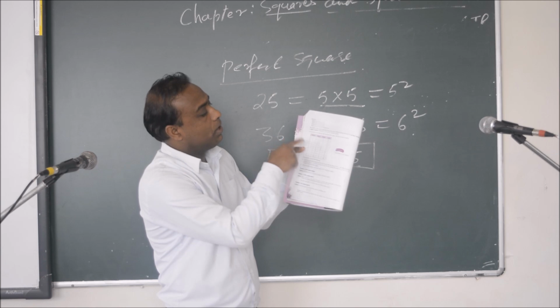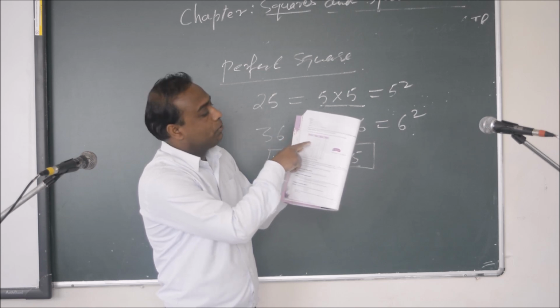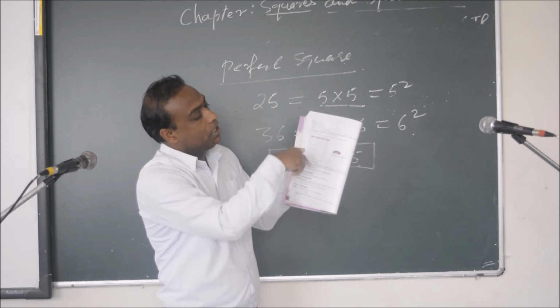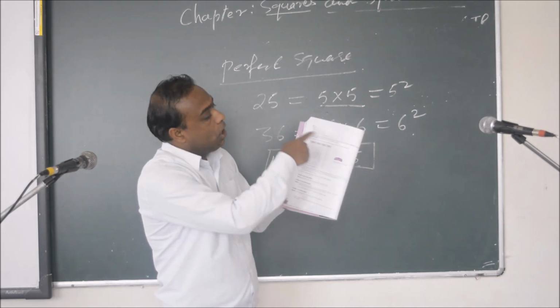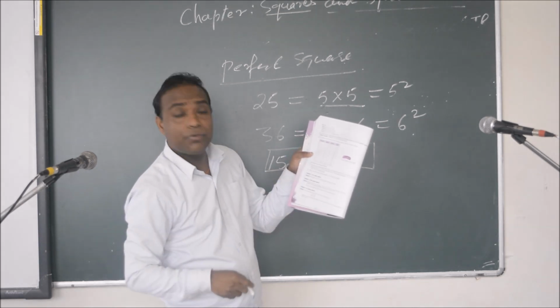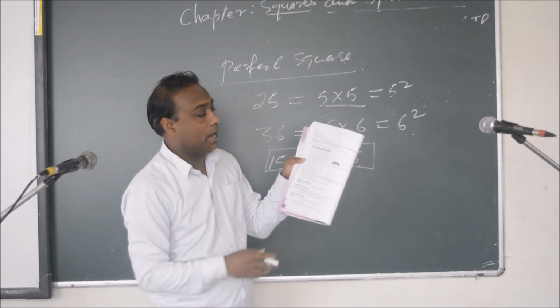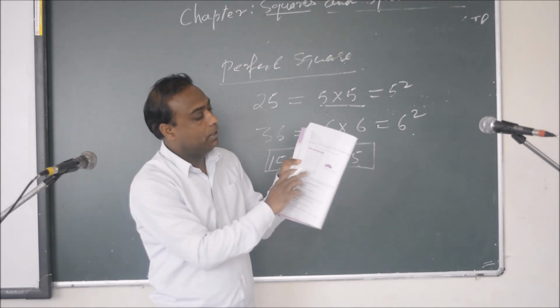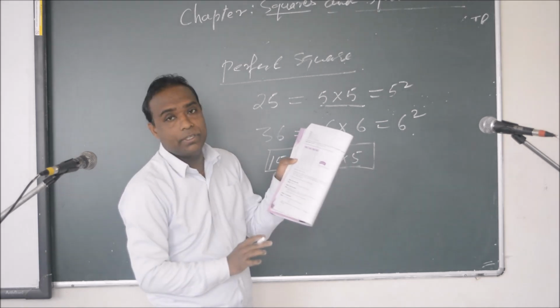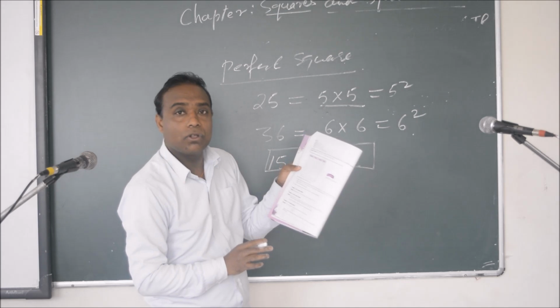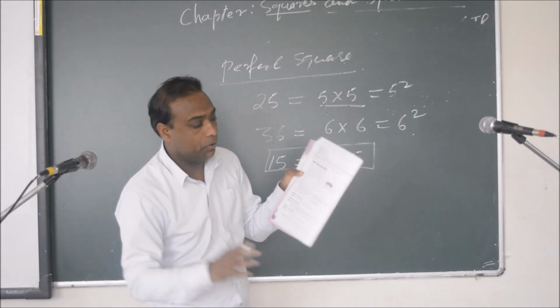Square of 1 is 1, square of 2 is 4, 3 is 9, like that. You will get different numbers which are perfect squares. Up to 20 it is given, the square of 20 is 400. So you can learn from the book also, page number 24.